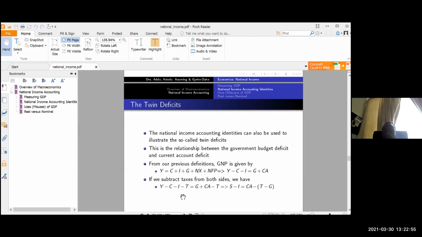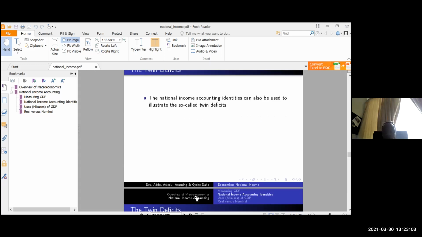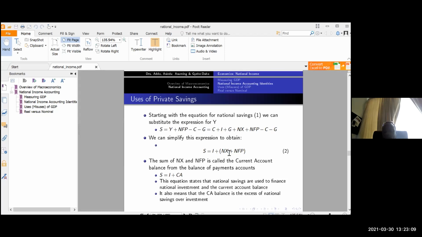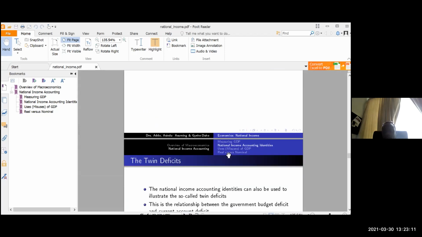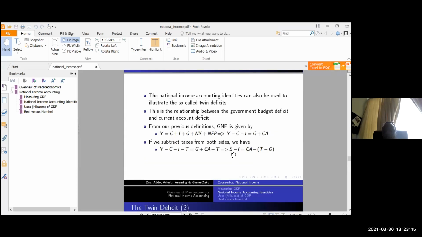If you simplify it, we know savings minus investments. You can simplify the equation to be savings minus I equals the current account balance plus T minus G.